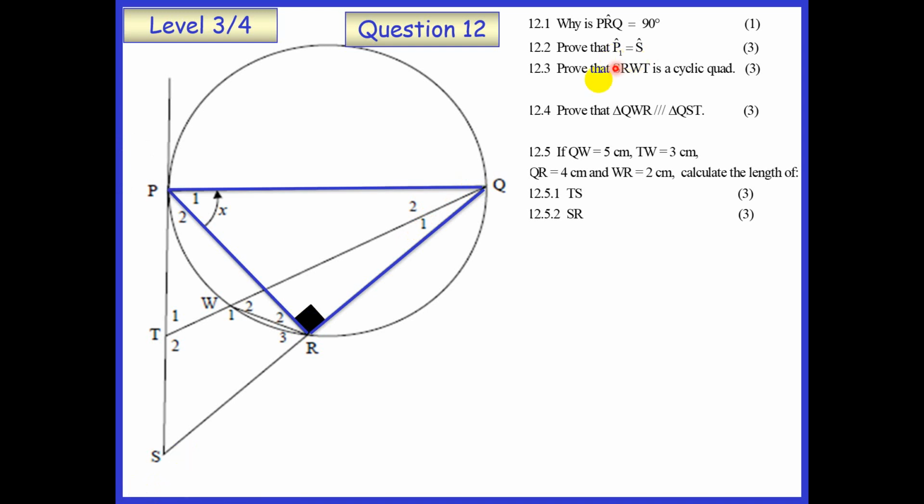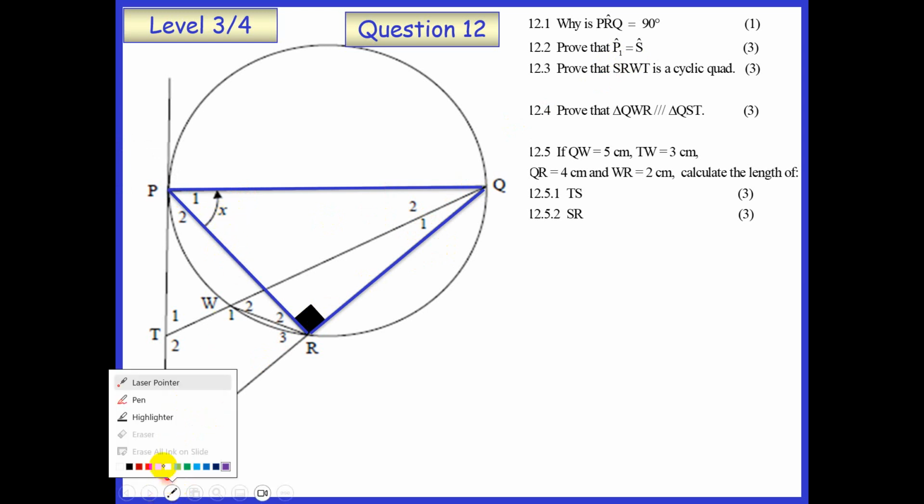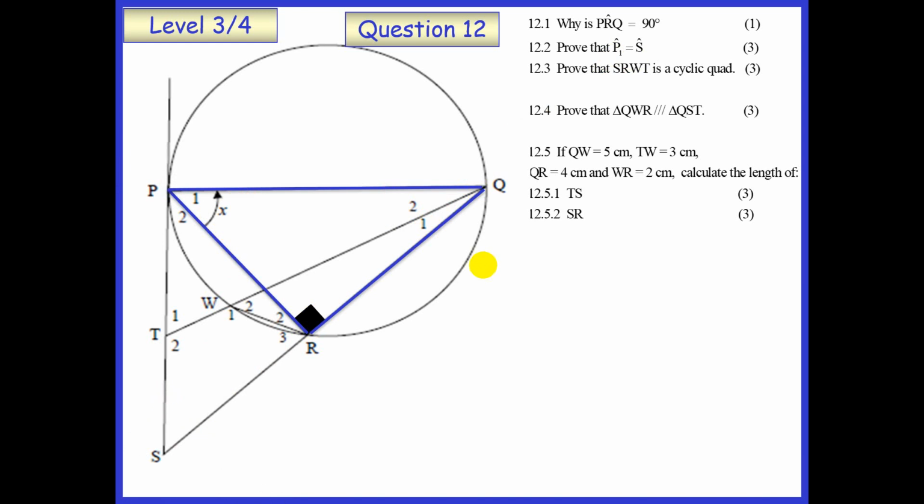Next question there is to prove that P1 is equal to S. I'm going to call P1 X. As you can see, I have angle P1. In other words, that's my let statement. And then from there, we can conclude, we know the angle P is 90, and that is due to the radius or the diameter being perpendicular to the tangent.